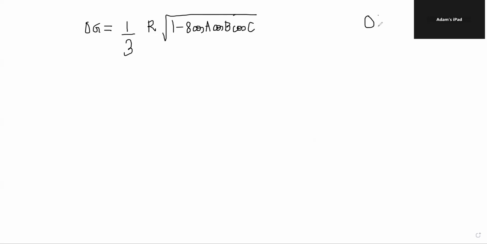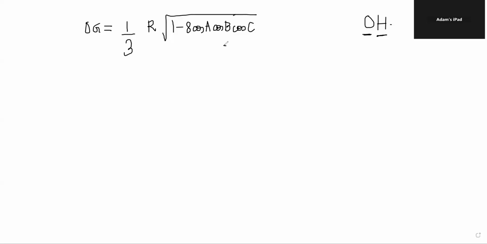OG will come out to be 1/3 of, if I remember correctly, that distance, which is R root over 1 minus 8 cos A cos B cos C. You can search online right now. Find the distance between O and H, where O is the circumcenter and H is the orthocenter.